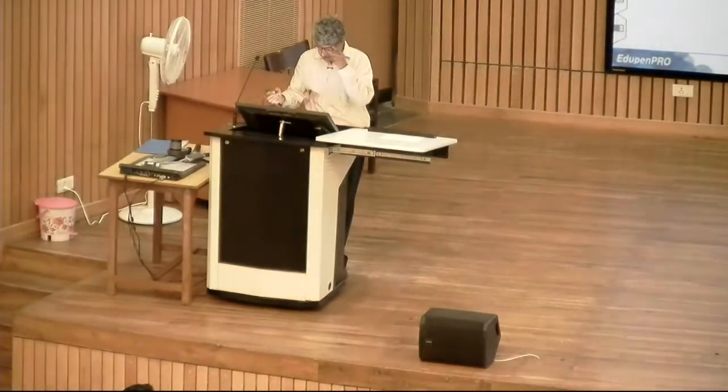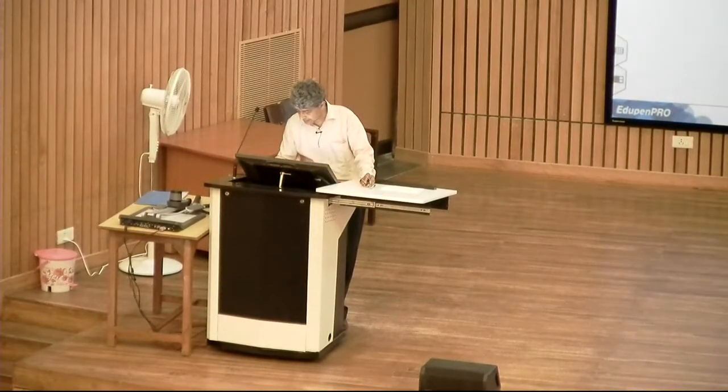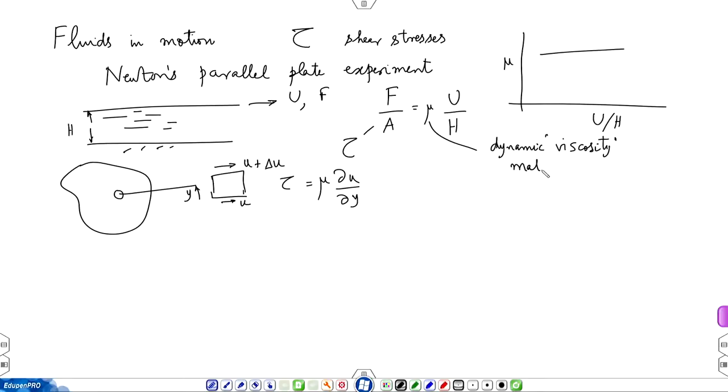So, dynamic viscosity is a material property. So, you may find fluids where it goes down like that. You may find fluids where it goes up. Anything is possible. Okay. So, in that respect, Newton's experiment is not very emphatic about the behavior of dynamic viscosity.